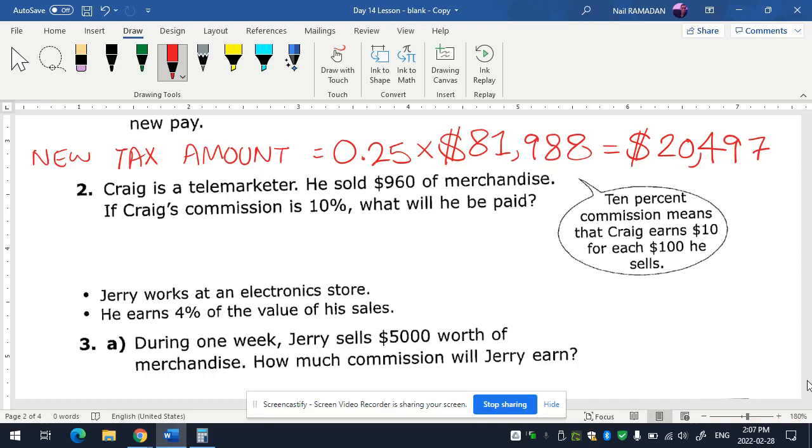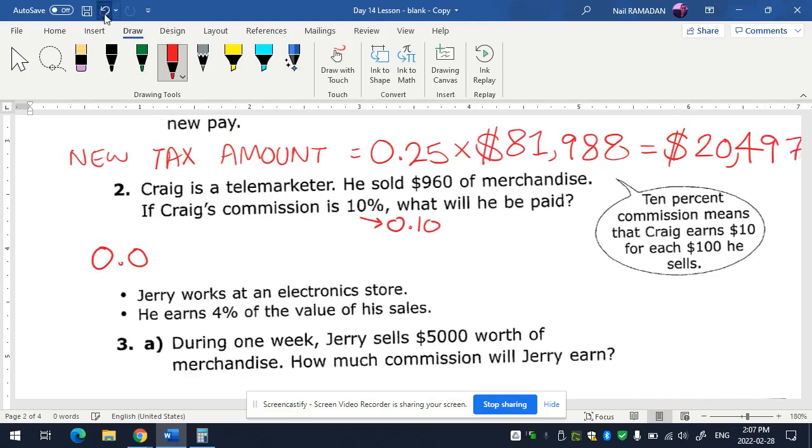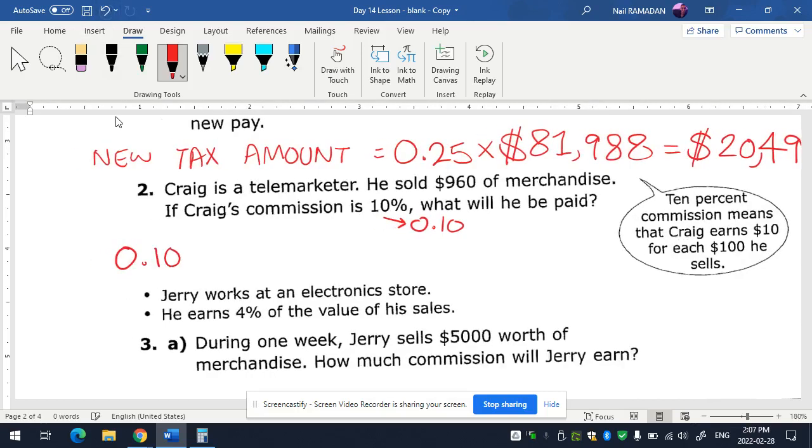So his commission is 10%. What will he get paid if he brought in $960? So the question is simply, what is 10% of $960? Well, 10% is 0.10. No need for words, just 0.10 times $960.